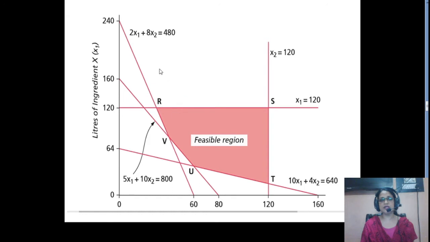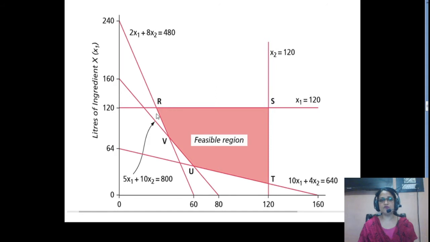See students, you can easily find out the values of the coordinates. So the feasible region will come out as R, S, T, U, V. This is the feasible region, which is actually created by using these constraints, right?